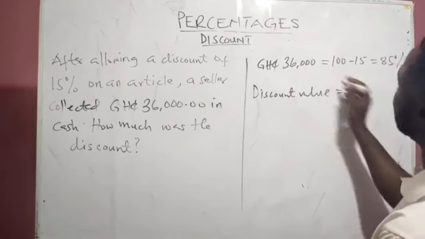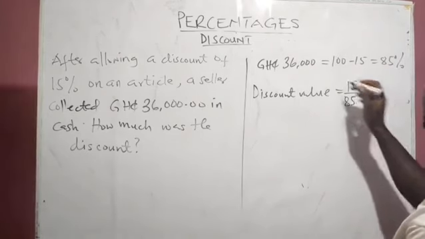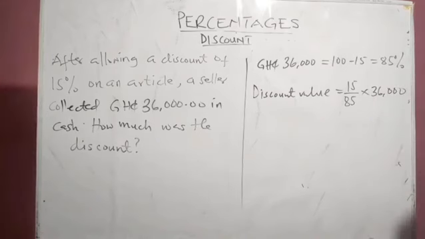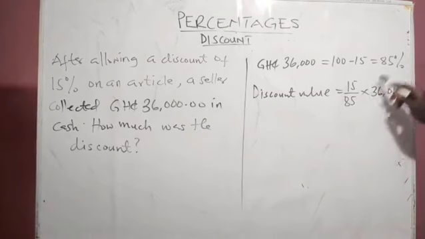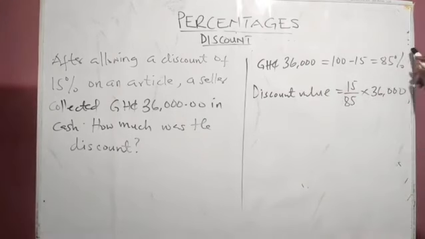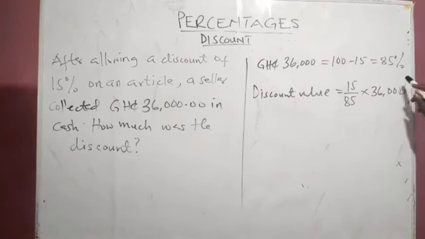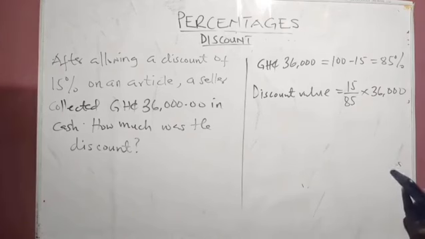The 85, its value is 36,000. So the value given in the question is 85%. So we divide by 85 and multiply by 36,000. It's so simple. It's just by understanding the question and whatever you are doing.